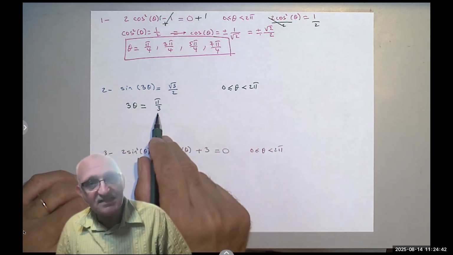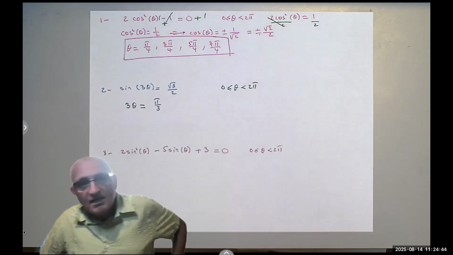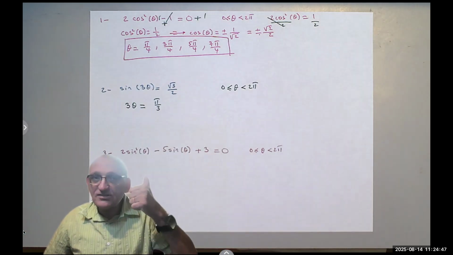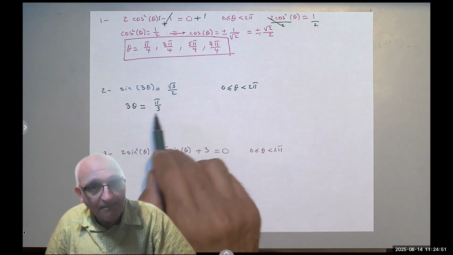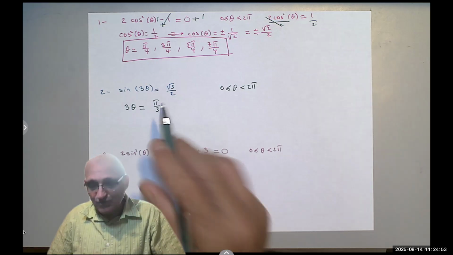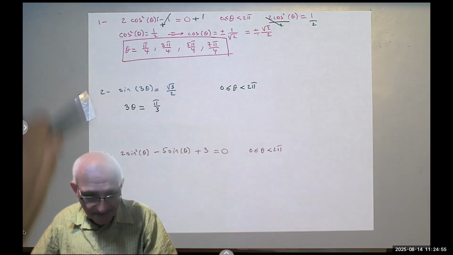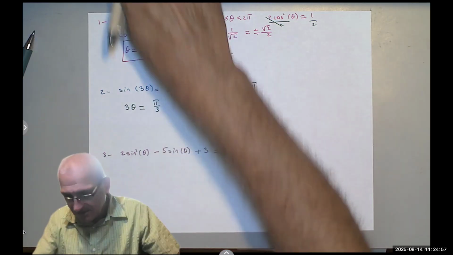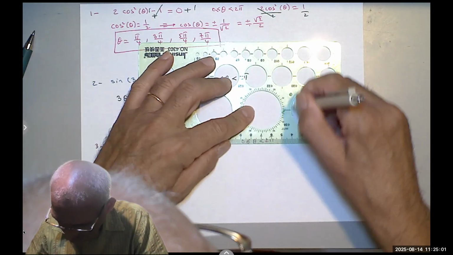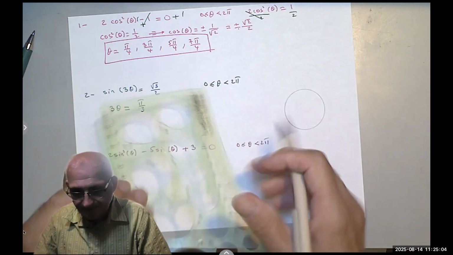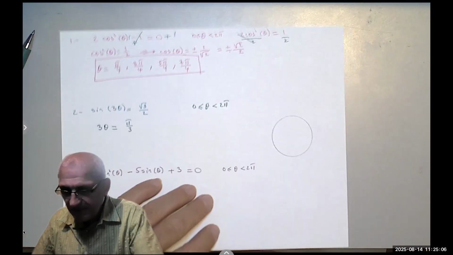But it's positive, meaning I may be in the first or second quadrants because both of them will give, I have two angles, meaning if this is the unit circle, right?